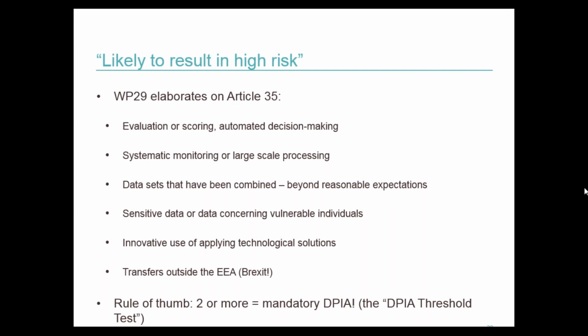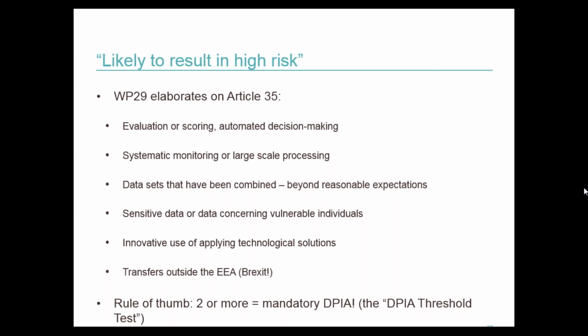What this guidance note does is expand on those. And so we've set those out here in a number of bullet points, and we'll just touch on each of these. Firstly, any processing that will lead to an evaluation or scoring of an individual is one that is likely to result in high risk.